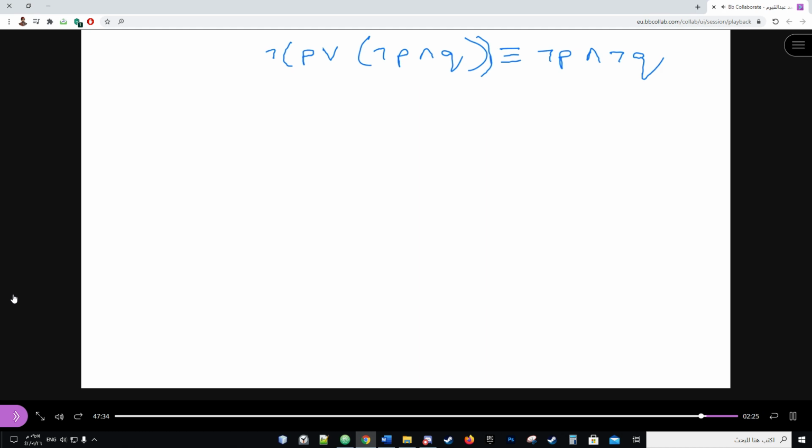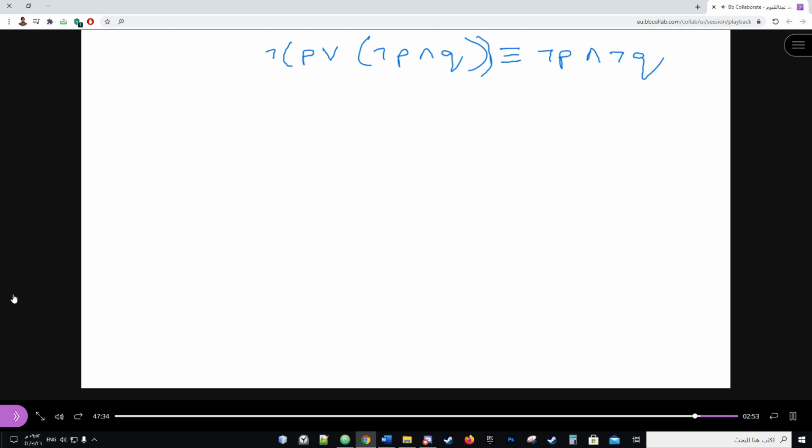We can do this using truth tables. We can have a column for P, a column for Q, and then we can calculate the column for the expression on the left. We can find out the truth values for the expression on the right, and if they match, we say that they are equivalent. So that's one way of doing it. But today we'll be looking at proving that they're equivalent using laws.